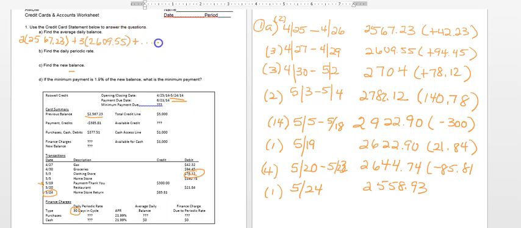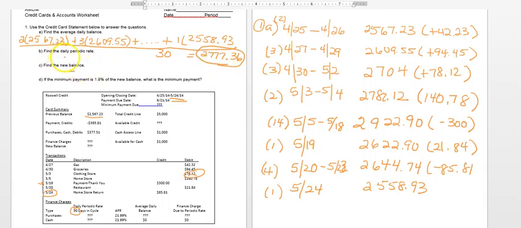And you do all of this continuously all the way to the last day, where I have 1 day at $2,508.93. You take this whole amount and divide it by 30. And this gives you your average daily balance, which is 2777.36. So this is my average daily balance.